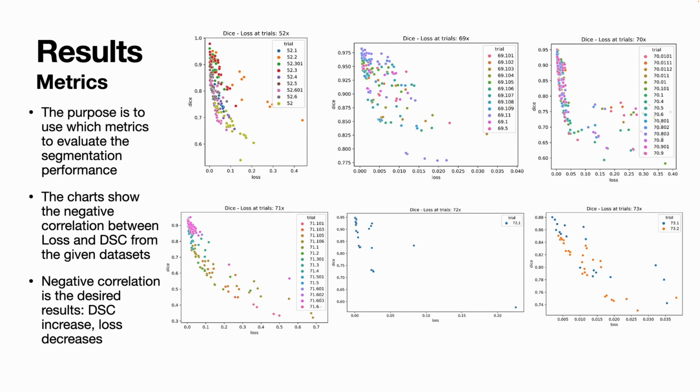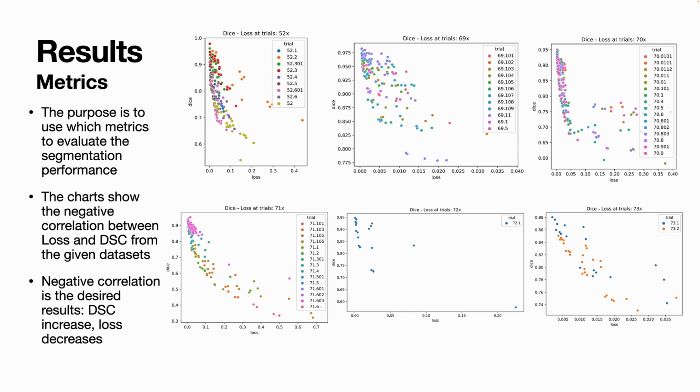The next experiment is to determine the correlation between loss and DICE scores. The desired result is a negative correlation between them, meaning when the loss decreases, the DICE score should increase. As you can see from the chart, which reflects the results of 6 datasets here, the results are as we expected.